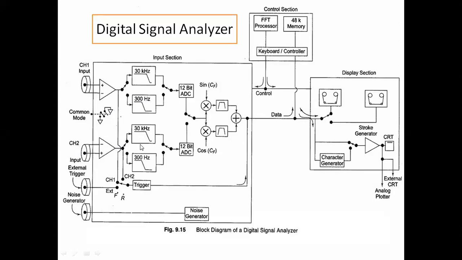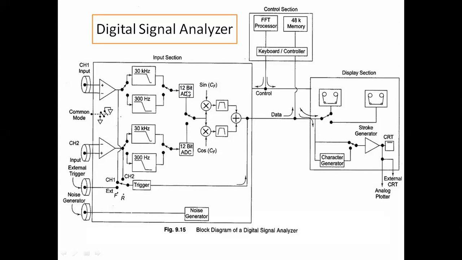After that, the filtered output is applied to the 12-bit ADC, which converts the analog signals into digital form, with an output size of 12 bits.